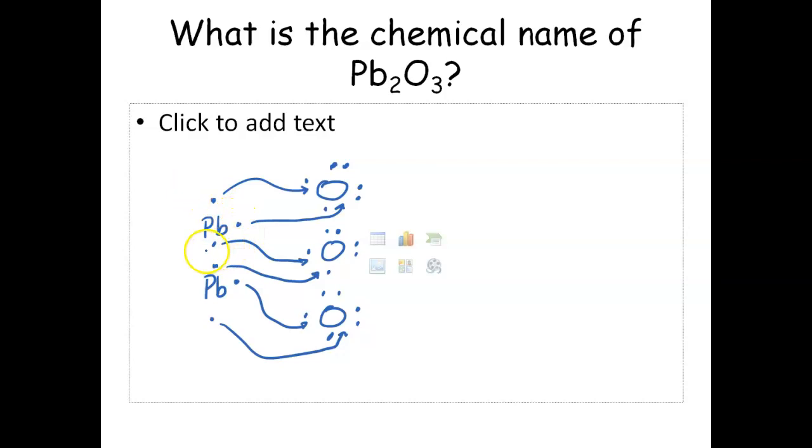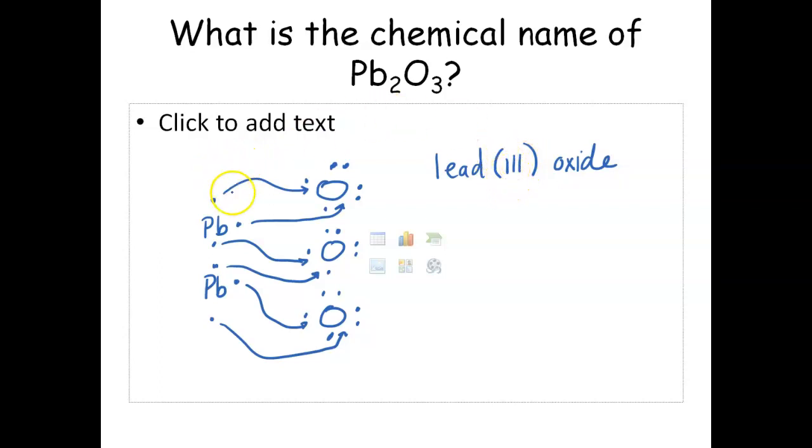So now this lead here would actually have the name of lead 3 oxide. As you can imagine, a lot of people want to write down lead 2, thinking this number 2 should be represented as the Roman numeral.